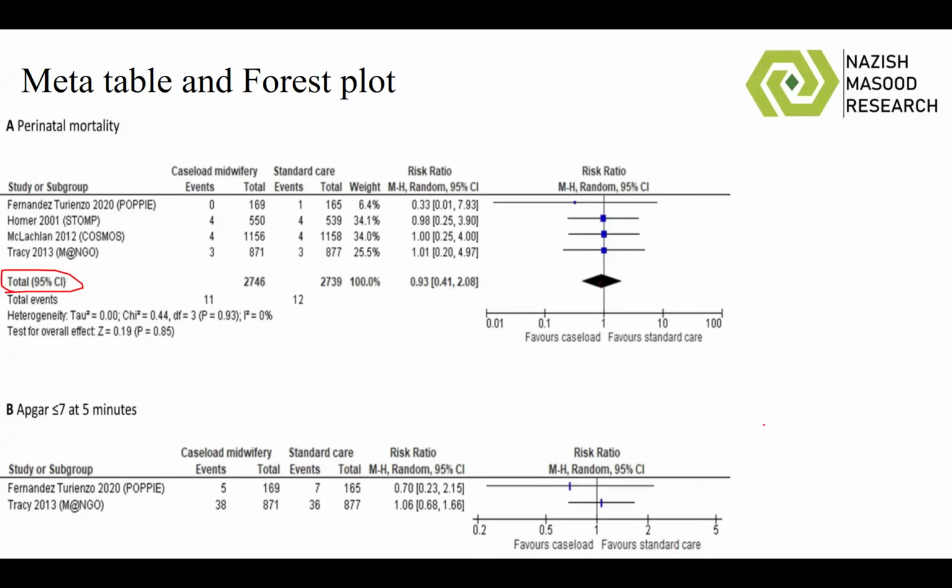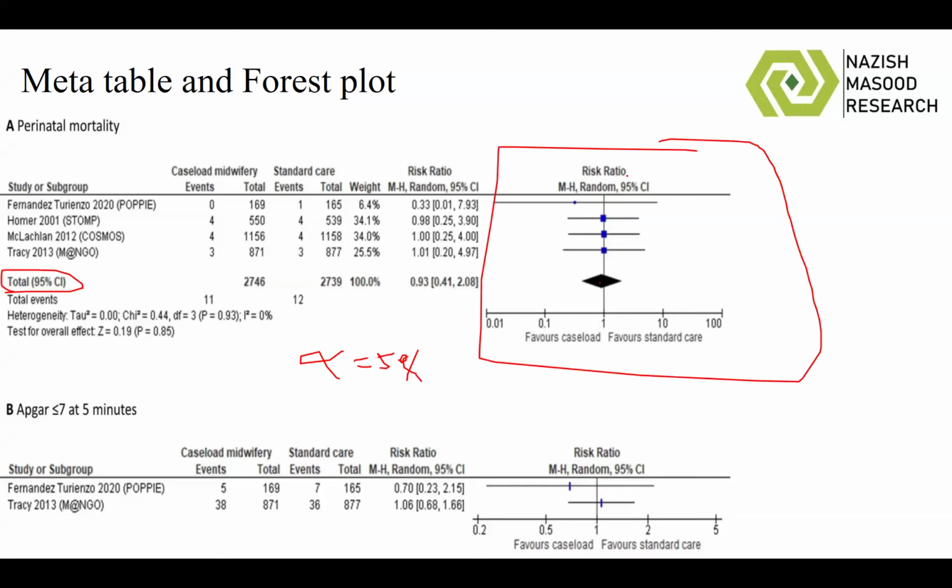The alpha error that we are willing to permit in this case is 5%, so the p-value threshold is 0.05. The first thing you need to look at whenever you're seeing a forest plot is this. If this is a risk ratio, a relative risk, then one represents that there is no difference between standard care or caseload.